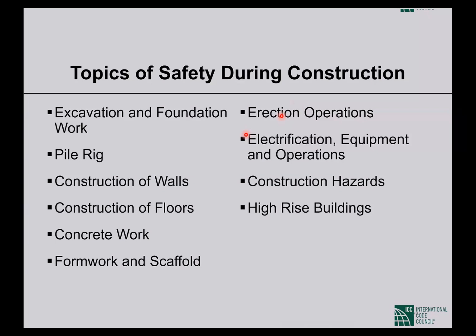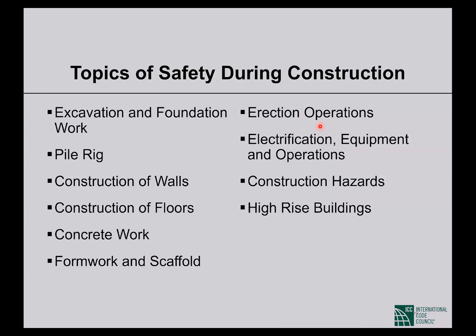And for safety during construction, for all types of construction activities, what precautions should be taken are mentioned in these sections, like while excavating foundations, while driving piles, construction of walls, floors, concrete work, formwork, scaffold erection, steel member erection operations, electrification.